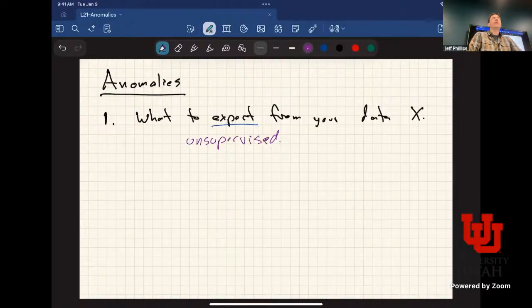We can't use labels to do prediction and use how well we do prediction to evaluate how well we're doing, which means that in order to tell if we think something is an anomaly, we have to say, well, what do we expect normal data to look like? So we have to write down some sort of model that we expect the normal data to look like.